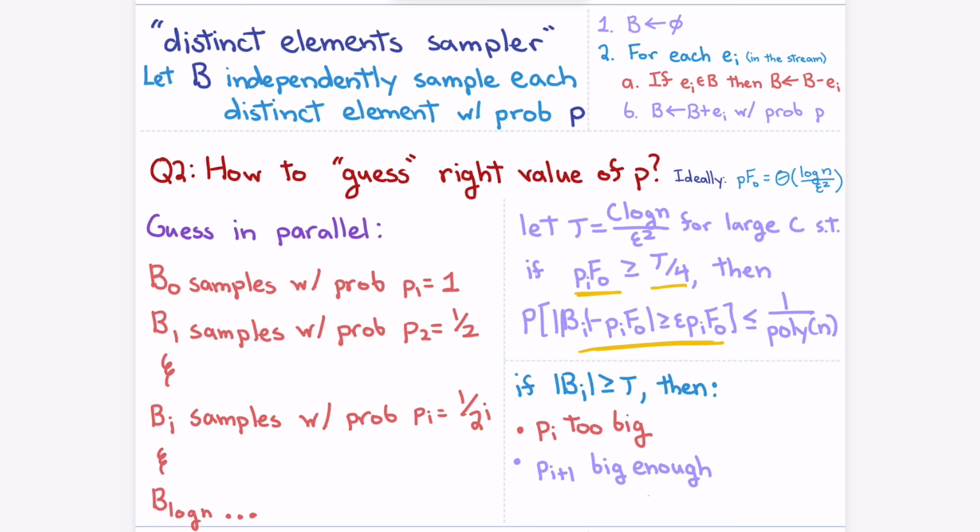So if my set gets bigger than this threshold, that probability is too big, and one factor of 2 less is big enough. We just put that in and go about it carefully. So at this point, we can discard Bi.